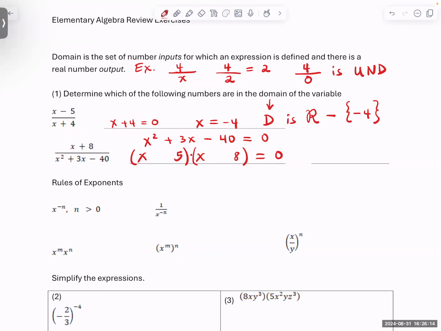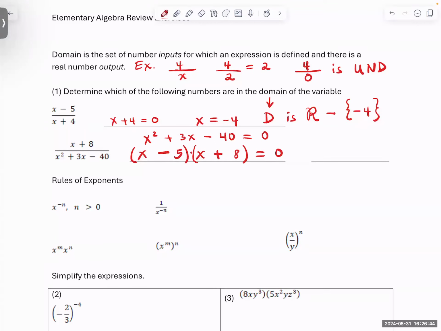And to be able to FOIL and get plus 3x as the middle term, we'll need a plus 8x outer product and minus 5x inner product. And these constants multiply to give minus 40. So this checks out. Now by inspection, we can see that if x is 5, then the denominator will be 0, or if x is negative 8, we'll have division by 0.